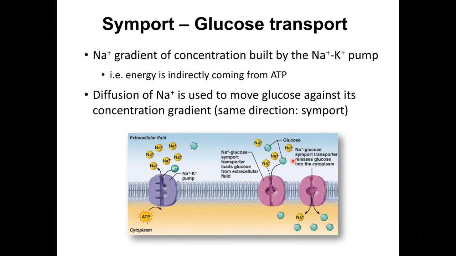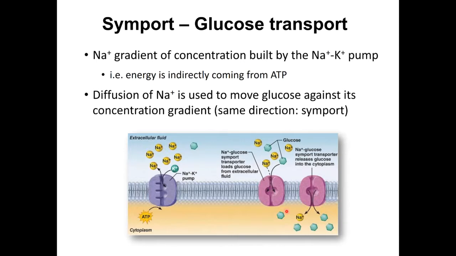This importer uses the energy that comes from the facilitated diffusion of sodium from the outside, where you remember it's at high concentration, to the inside. So it has facilitated diffusion of sodium from the area of high concentration to the area of low concentration. So this releases energy, which then is used to pump glucose at the same time against its concentration gradient.